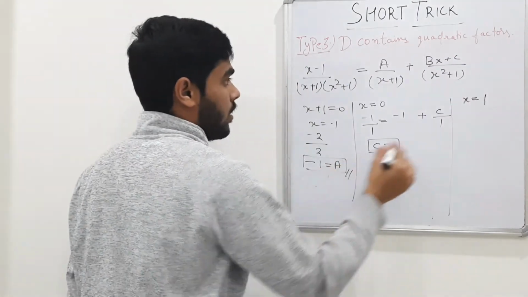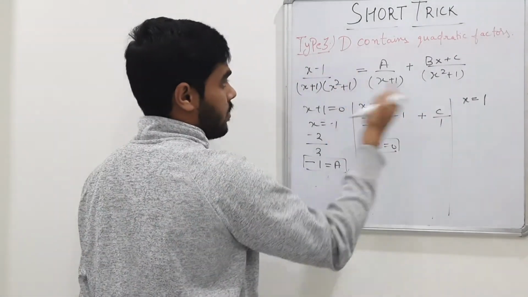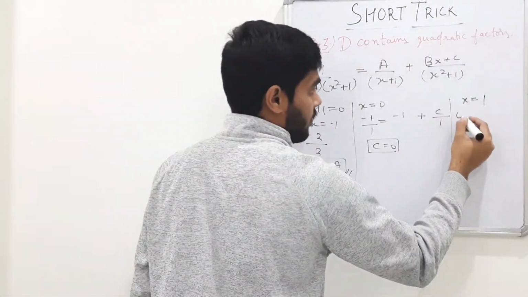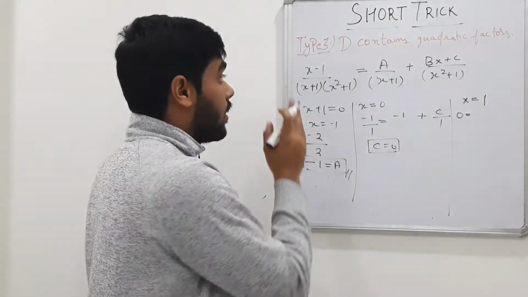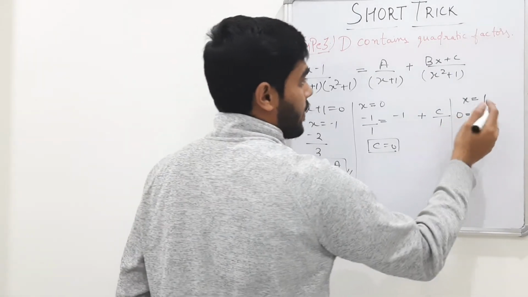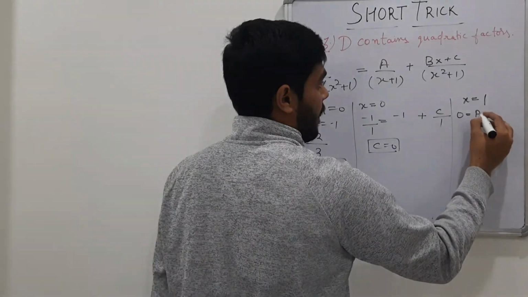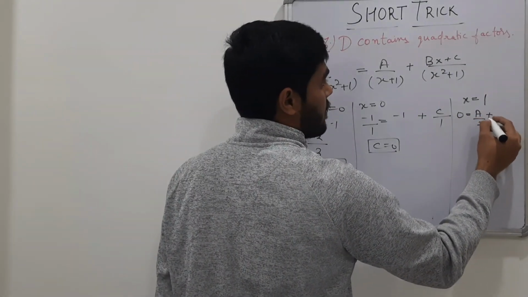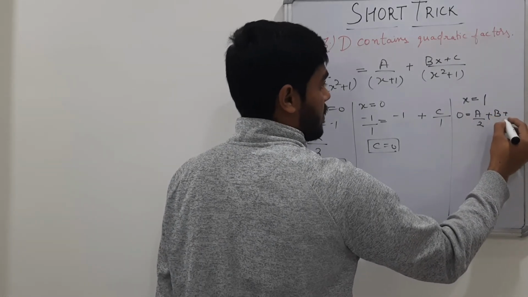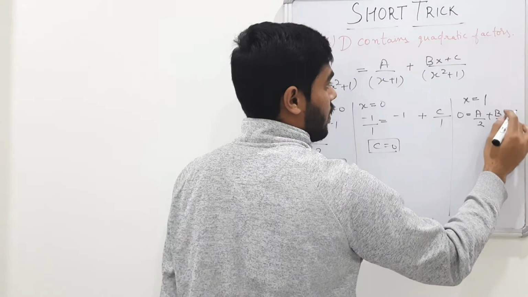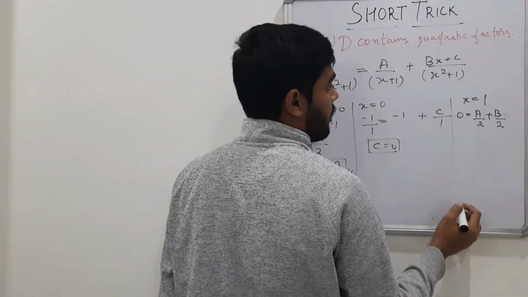So x equals to 1. So this whole becomes 0 because x equals to 1. 1 minus 1 0. That is why I used x equals to 1 because it makes the calculations easier. So x equals to 1. So A upon 2 plus B plus 0, 2.